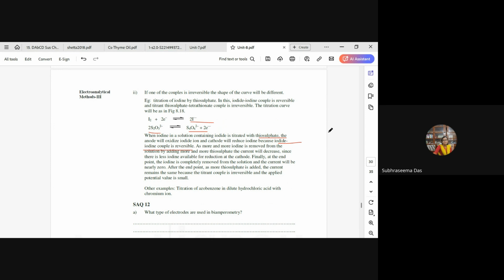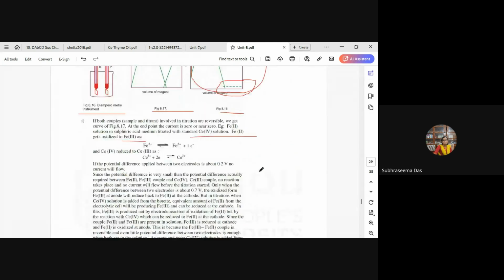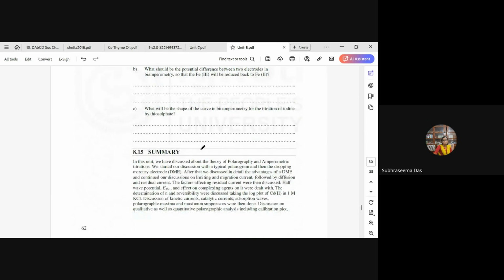It remains the same because the titrant couple is irreversible and the applied potential is very small. Another example of such a titration is the titration of azobenzene in dilute HCl with chromium ion.